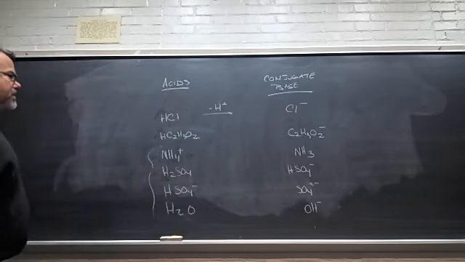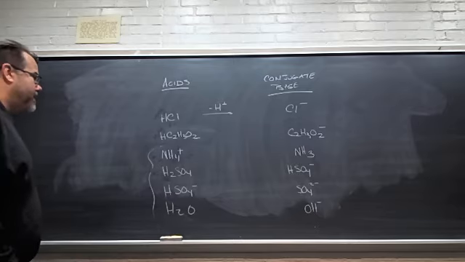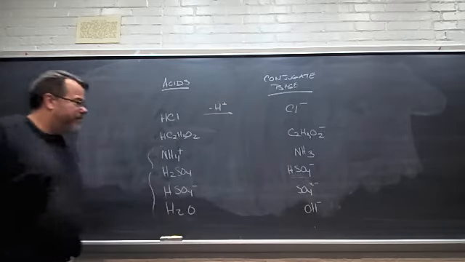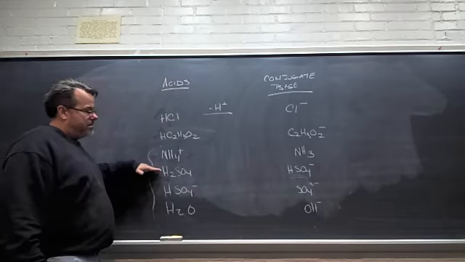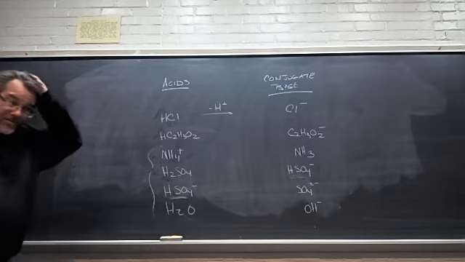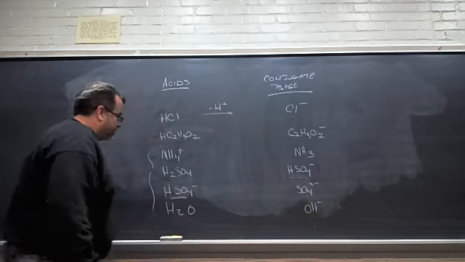Okay. 2 things to point out. One is, see, we've got hydrogen sulfate over here as the conjugate base of sulfuric acid. We've also got hydrogen sulfate here as the conjugate acid of sulfate. Okay.